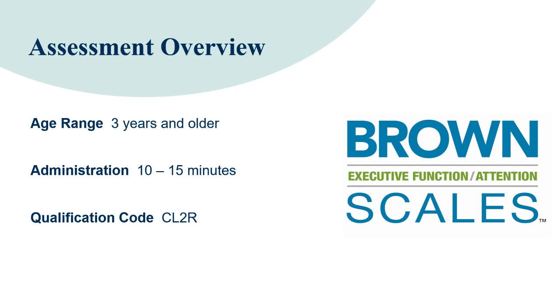It is a set of rating scales designed to evaluate executive functions related to ADHD in individuals ages 3 years and older. The assessment will take between 10 and 15 minutes to administer, and it has a CL2R qualification code. For more information on our qualification codes, please visit our website.